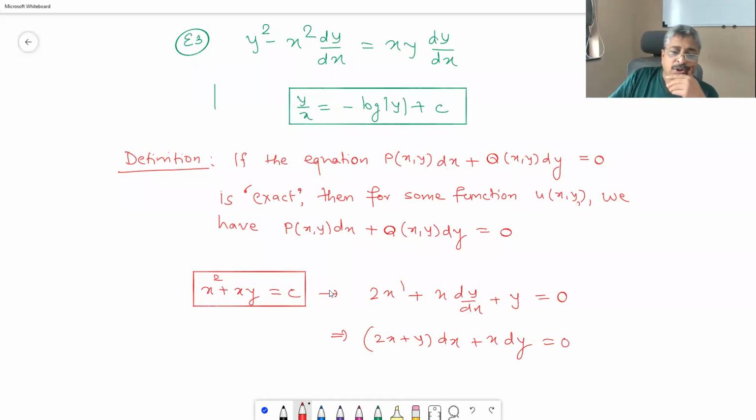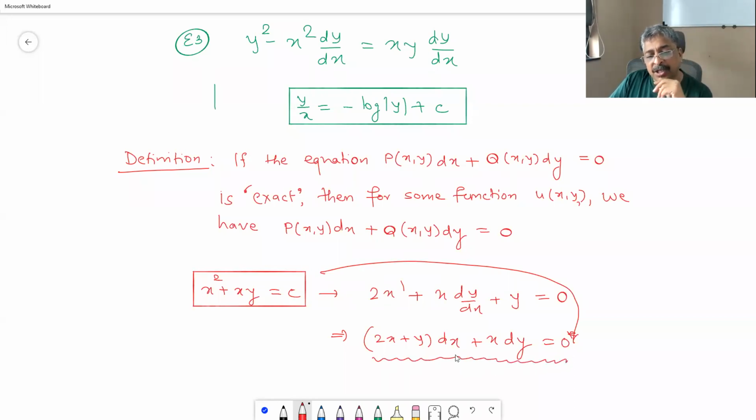Okay, so if we follow, it is easy because we have been given a function and we are differentiating and separating the coefficients with differential coefficients, and writing it like a differential equation like this. But if I am given this and asked to solve this differential equation, that means we are supposed to go from this side to this side, right?